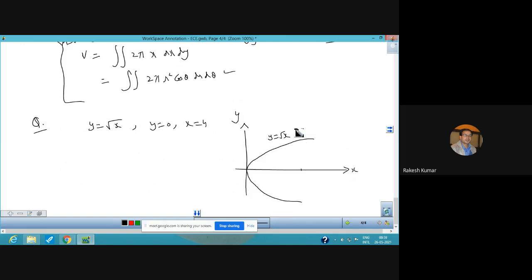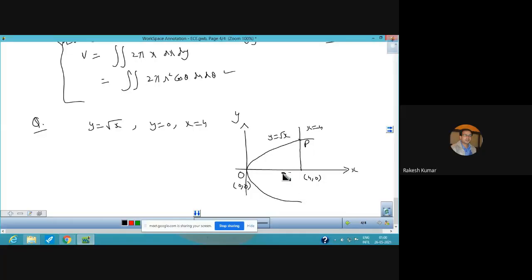If I take this as 4, 0, then this is x is equal to 4, and this is the point of intersection, like this. You have to revolve the curve about x-axis, and your volume about x-axis is 2 pi y dx dy.